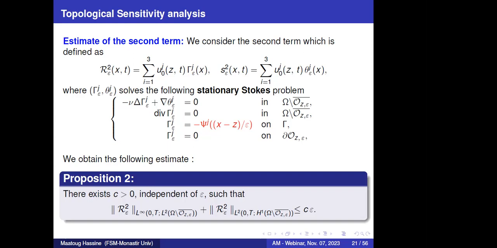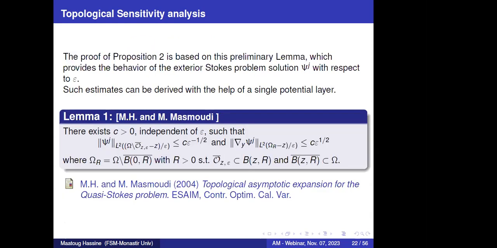To prove this result, we will use a preliminary lemma, which provides the behavior of the exterior Stokes problem solution with respect to epsilon. Such an estimate can be derived with the help of a single layer potential.